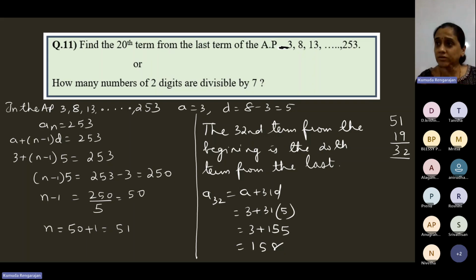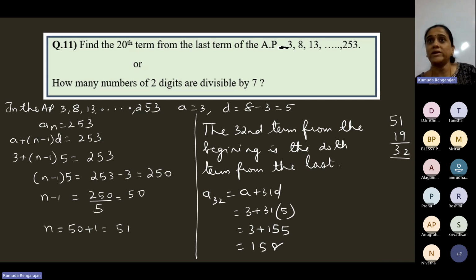That's how the formula is designed. The formula is designed to find the second term from the beginning, third term from the beginning, fourth term from the beginning. When you find A10, you're finding the 10th term from the beginning. When you find A20, you're finding the 20th term from the beginning. That's how the formula is designed.